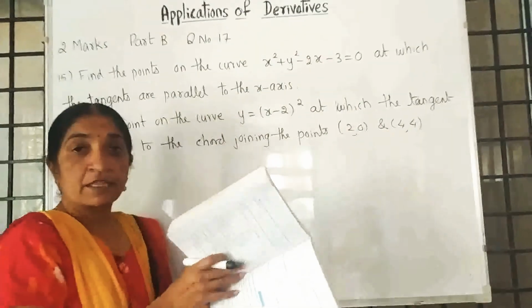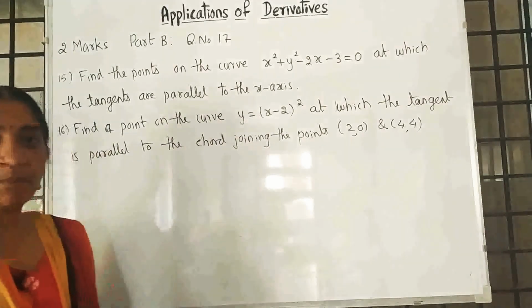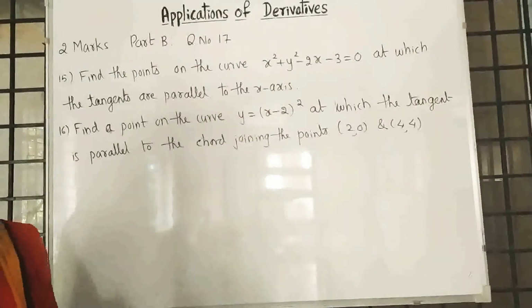See, these are the expected questions in part B for question number 17.